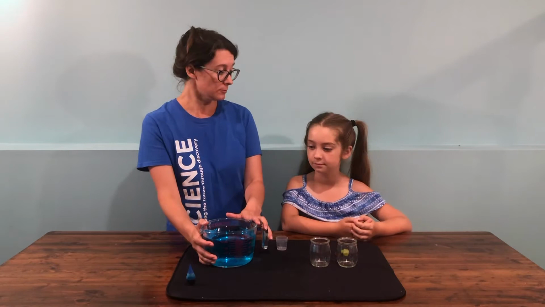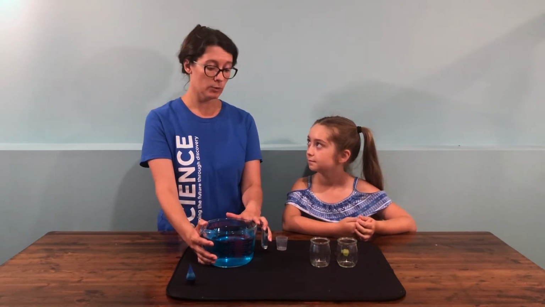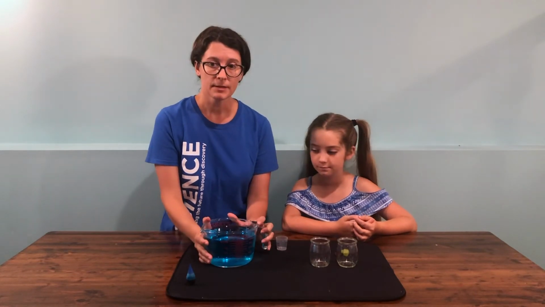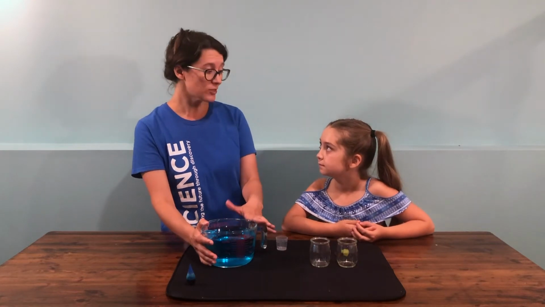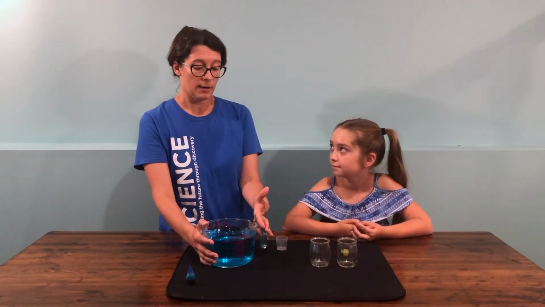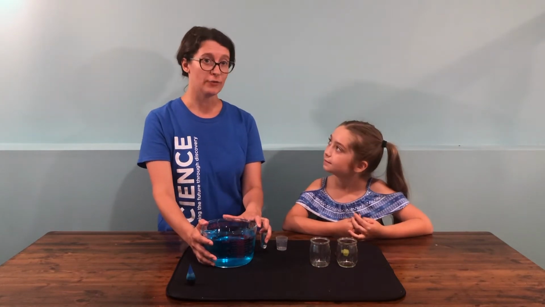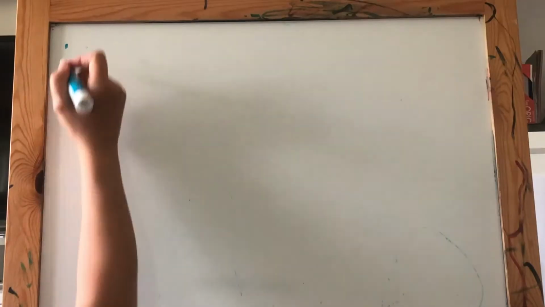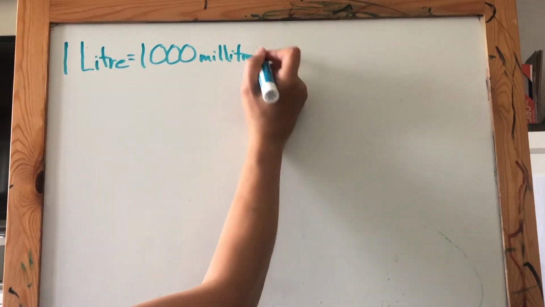We want to figure out how much fresh available water is left in the world for people to access. So if this represents all of the water in the world and most of it is salty, then we need to do a little bit of math to figure out how much is fresh. This is 1 liter of water. 1 liter is the same as 1,000 milliliters.